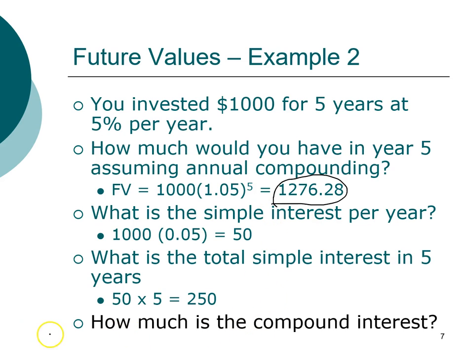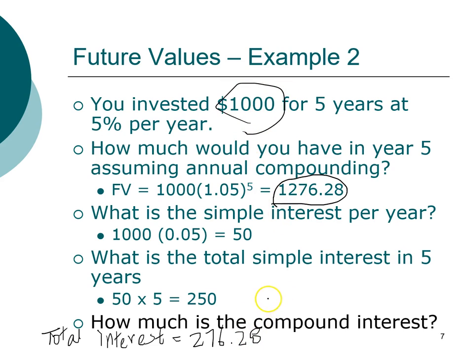So that means that our total interest must be $276.28, because we started with $1,000 and we end up with $1,276.28. So if we have $276.28 as total interest, and our simple interest is $250, the additional $26.28 must be compound interest.